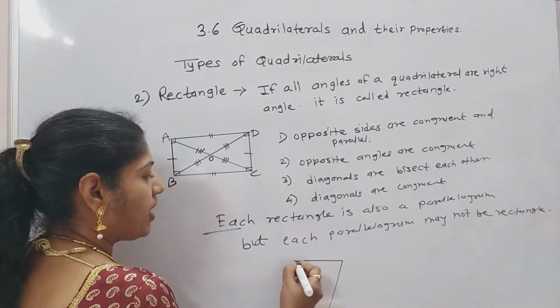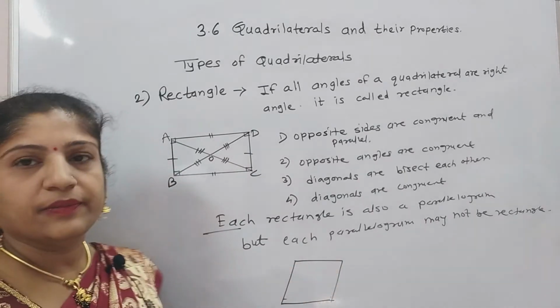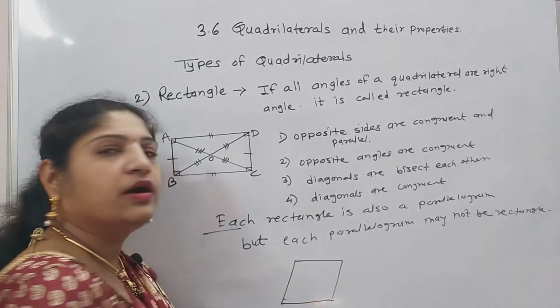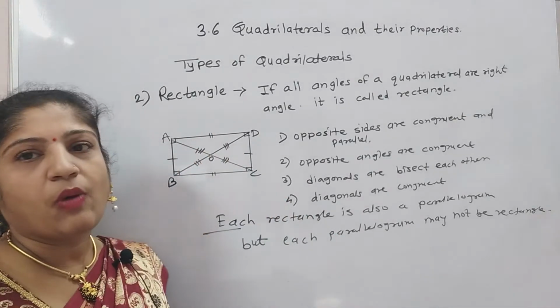Because when I draw the parallelogram, the angle is not 90 degrees here, so it is not a rectangle. But a rectangle is a parallelogram, always a parallelogram.